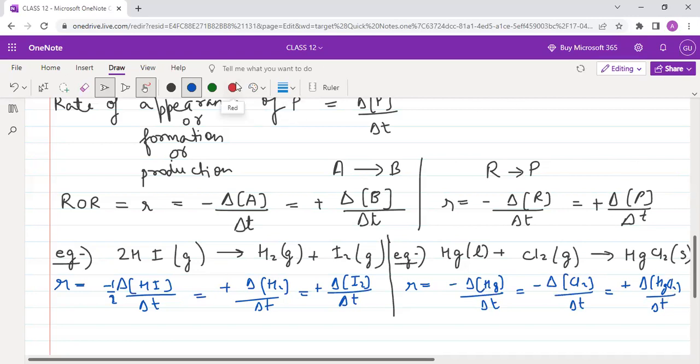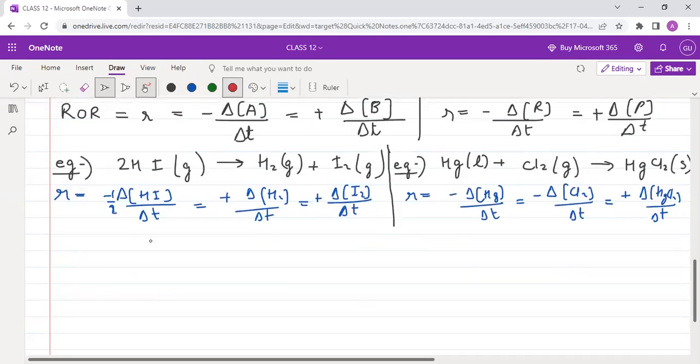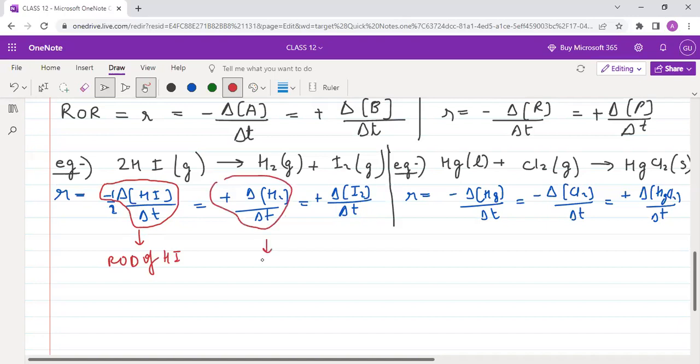Okay, now you can see here in the first expression, this minus delta HI by delta t is the rate of disappearance of HI, is it? Yes. And plus delta H2 by delta t is the rate of appearance of H2. And plus delta I2 by delta t is the rate of appearance of I2.